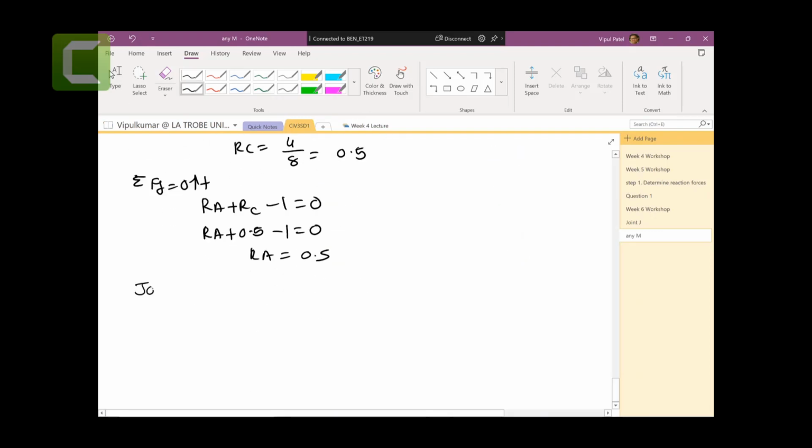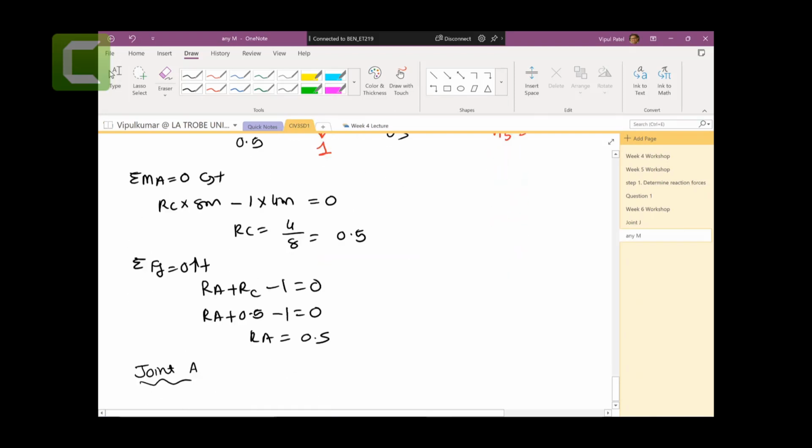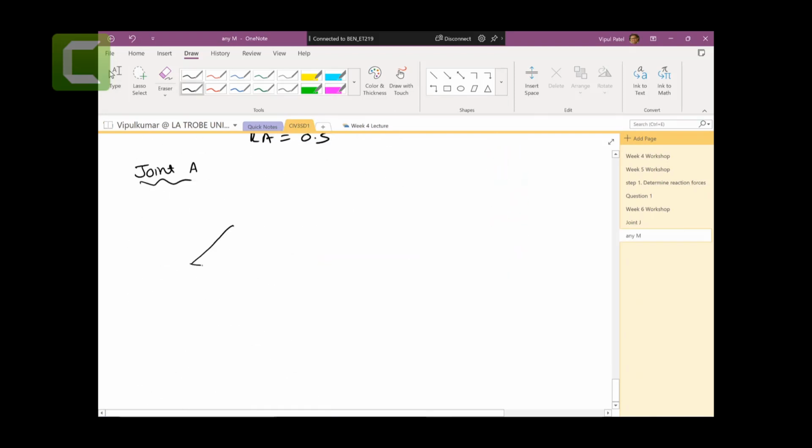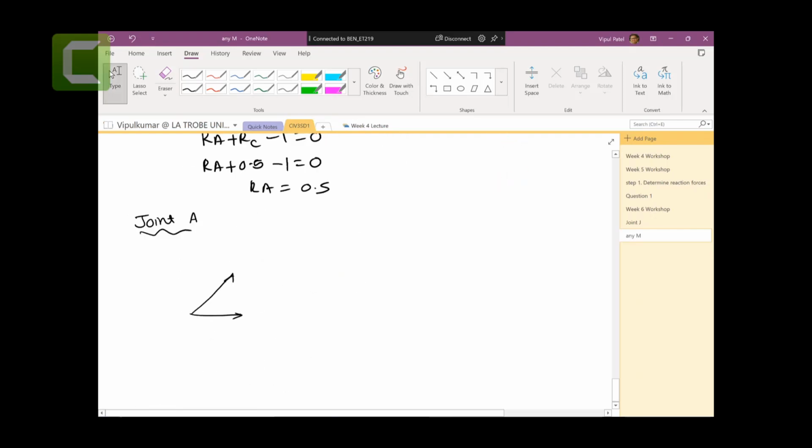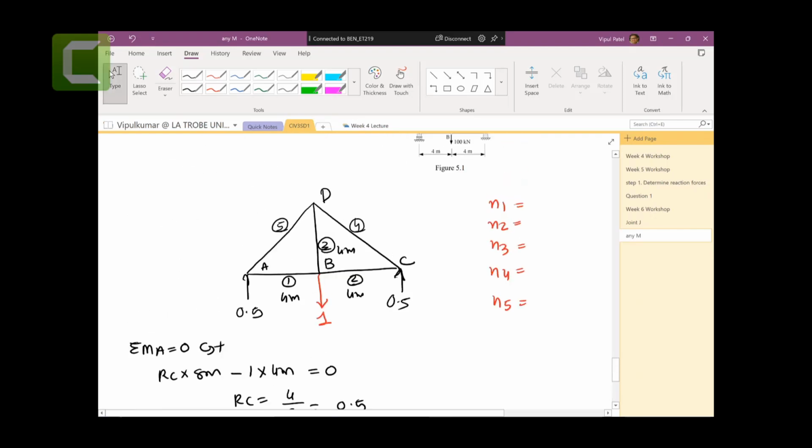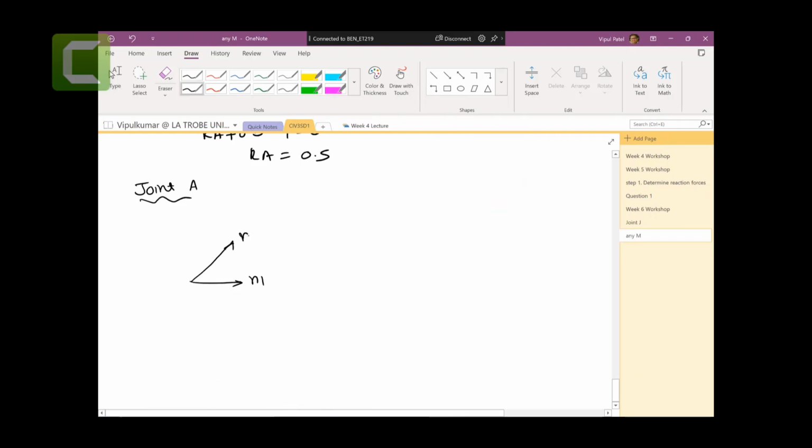So let's do joint number A. Small n1, small n5, 0.5, joint number A, 4 over square root 32.